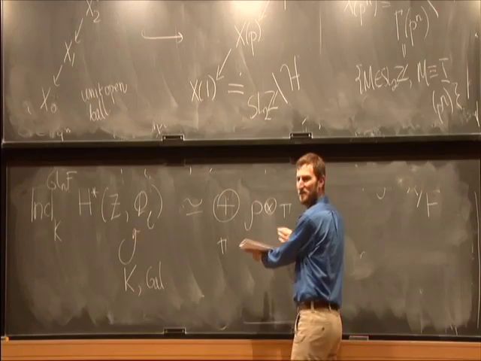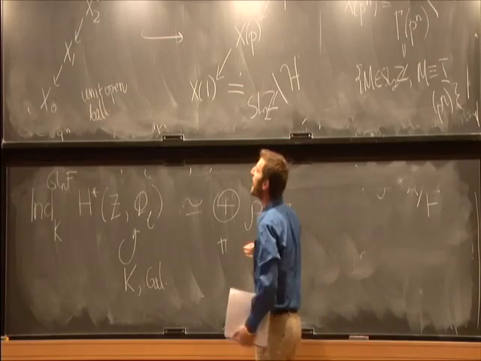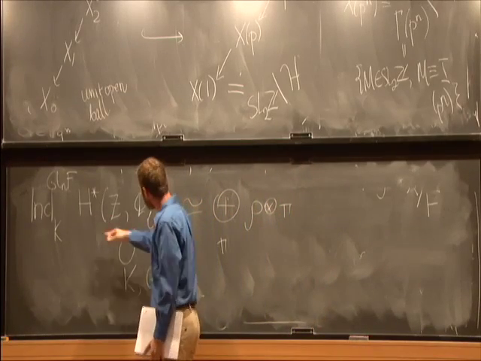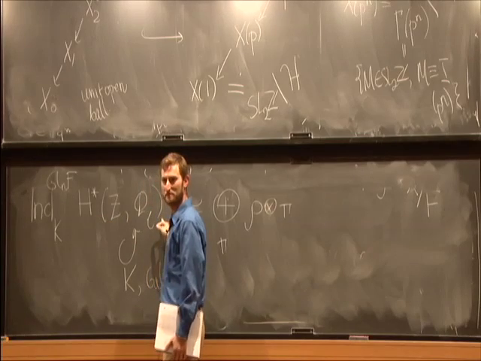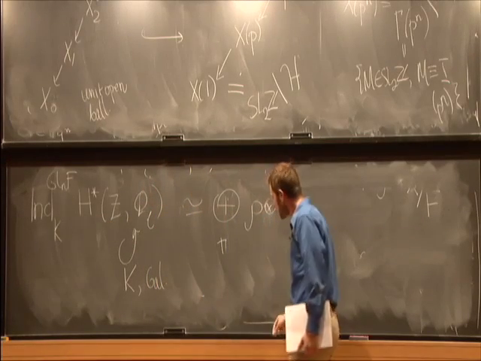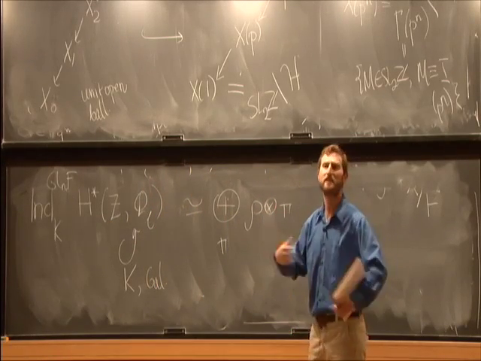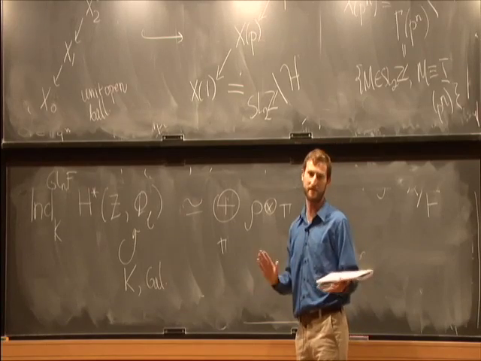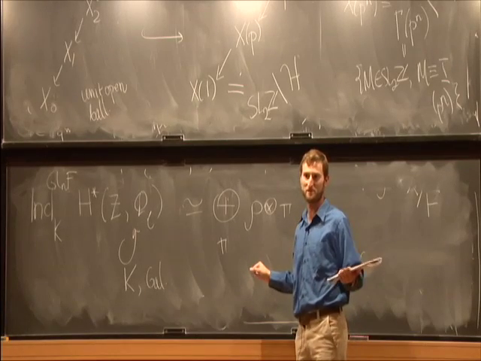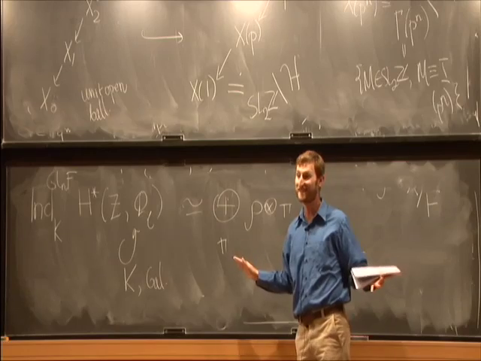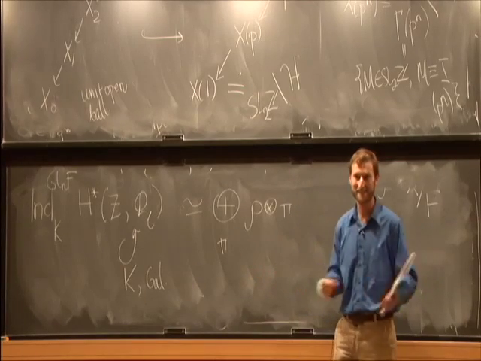Because we know so much about the local Langlands correspondence over here, we have to deduce what it has to be over here. And so that's why I strongly suspect it to be true. I've tested it for various values of q and N, and it's beyond a doubt true. Thank you very much.